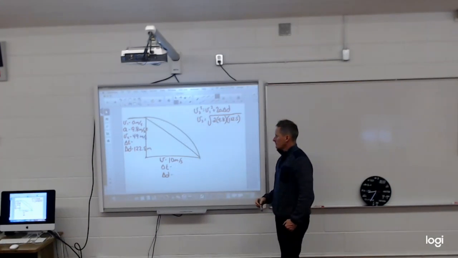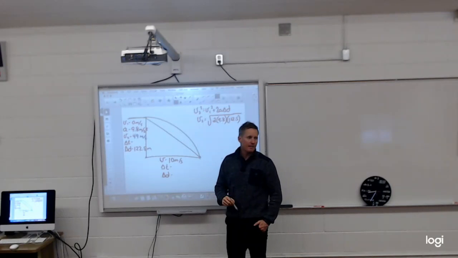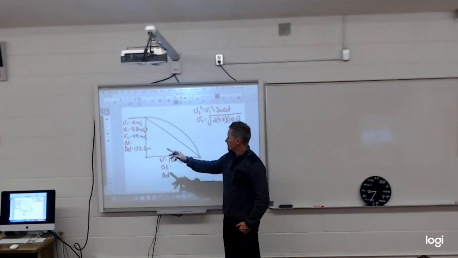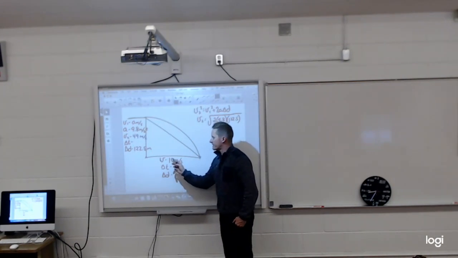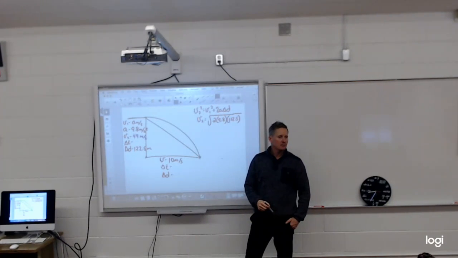Now, the actual speed at which it's going to hit the ground, though, isn't going to be 49 meters per second. It's going to be whatever 49 squared plus 10 squared is, because that's the velocity of the components.